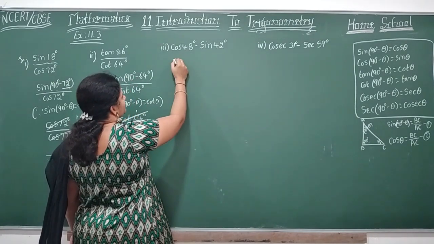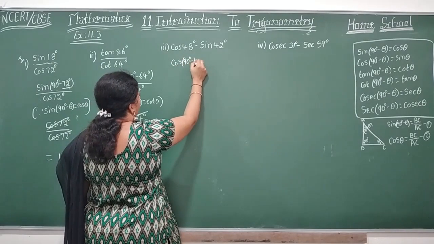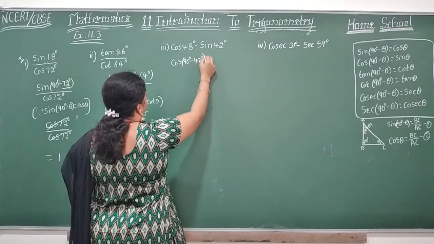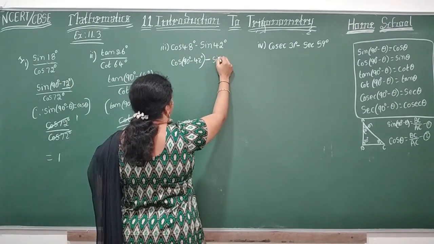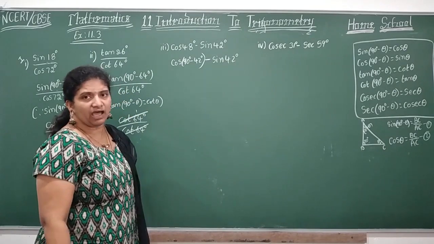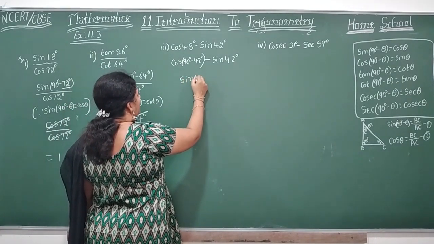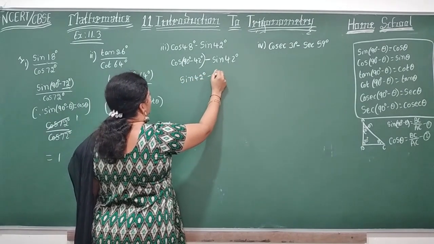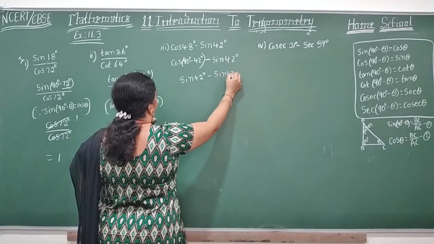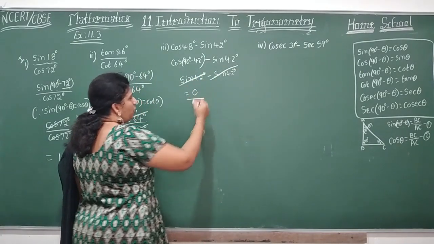So write this. Cos of 90 degree minus 42 degree minus sine 42 degree. What is cos 90 minus theta? It will be sine theta. Sine theta value is 42 degree minus sine 42. What happens? Cancel. It's not 1, it is 0.